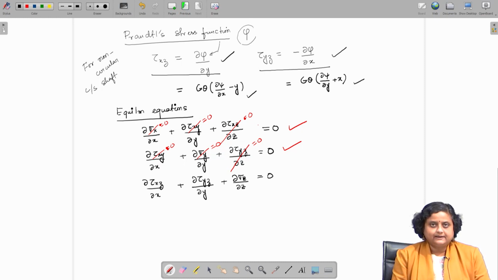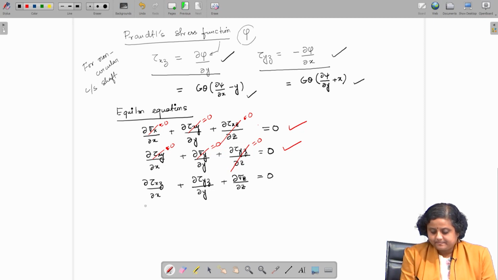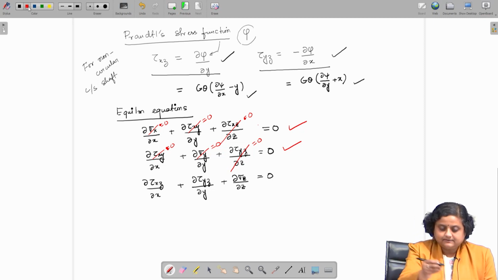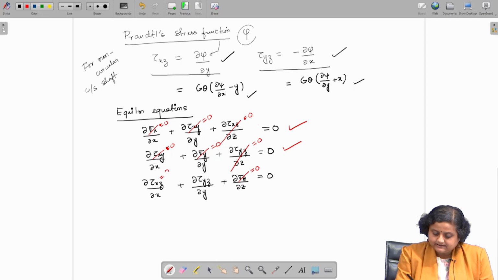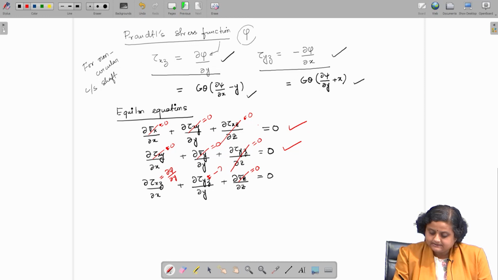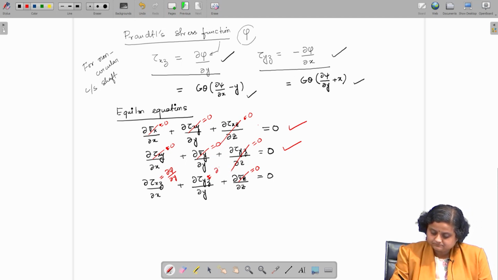Now let us see in the third equation what we have. Sigma z is equal to 0, so this part goes to 0. Now, tau x z is del phi by del y, and tau y z is minus del phi by del x.